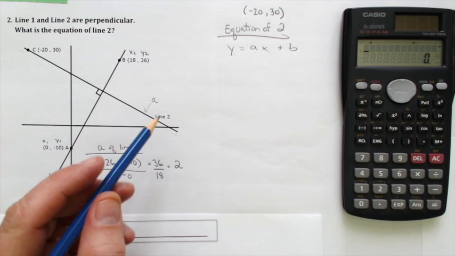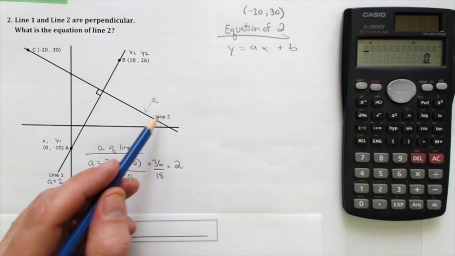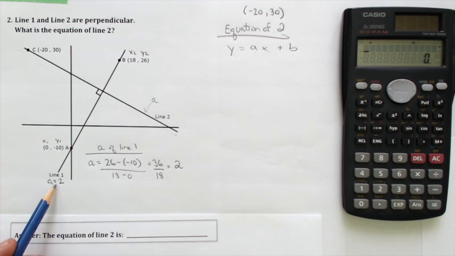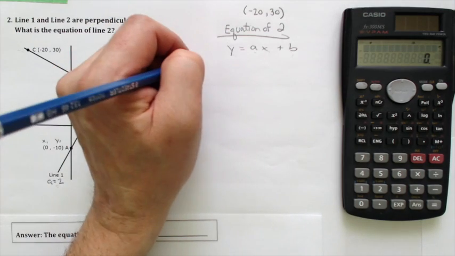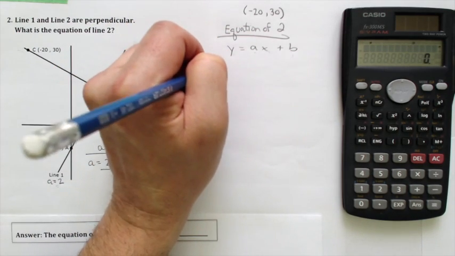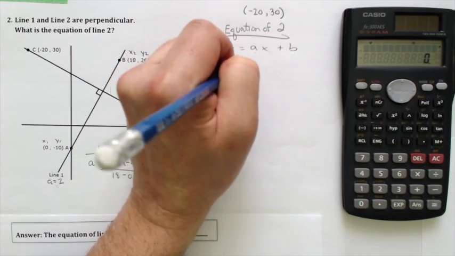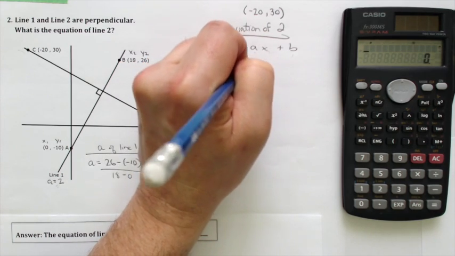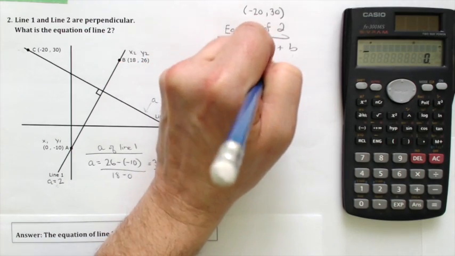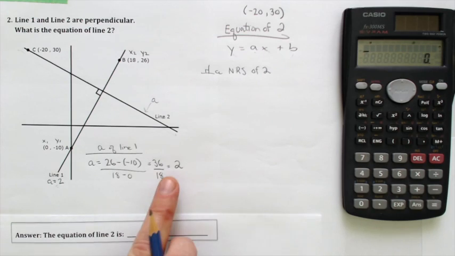And the reason we can do that is because we know the slope of line 2 is the negative reciprocal of line 1. So we're looking here for the perpendicular A, and we're going to get the negative reciprocal slope of that 2.